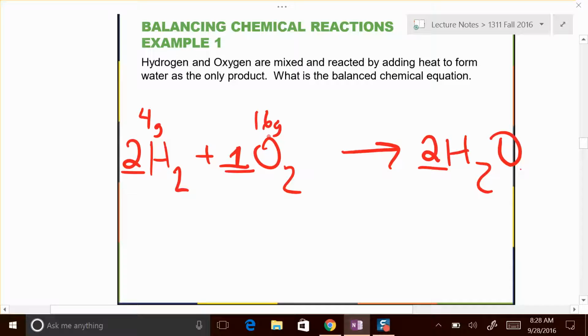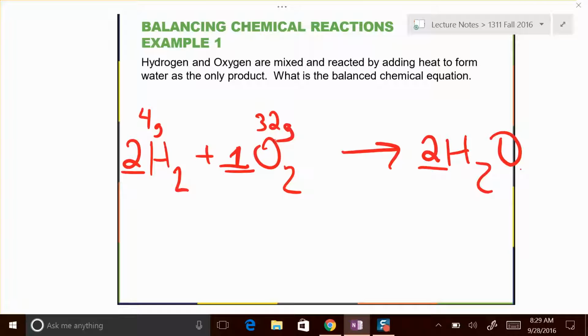Because, I'm sorry, that's wrong. O2 is 32 grams. Right? That's the gram amount, but that's not how I balance chemical equations. Not by the gram amounts, by the molar amounts, by the molecule ratios.